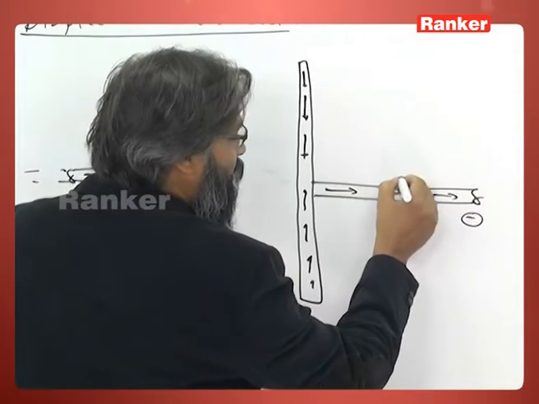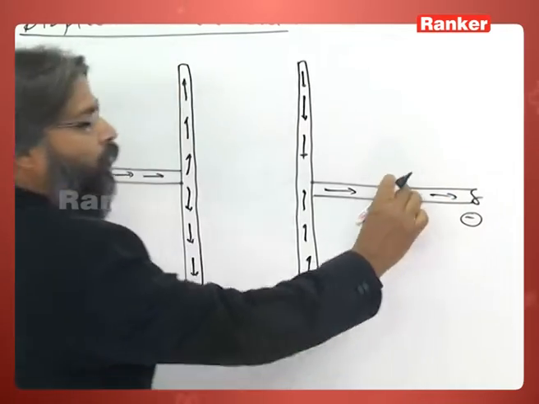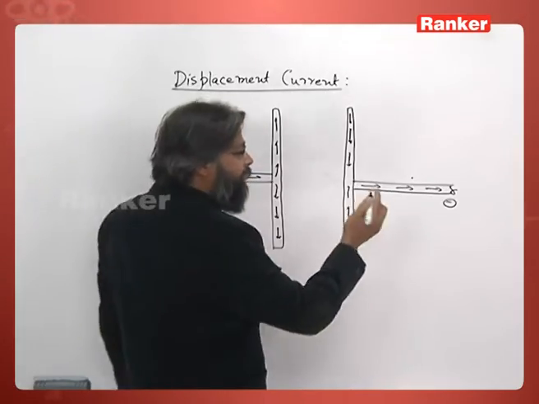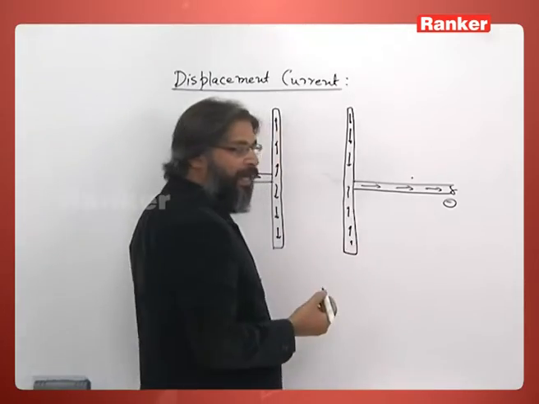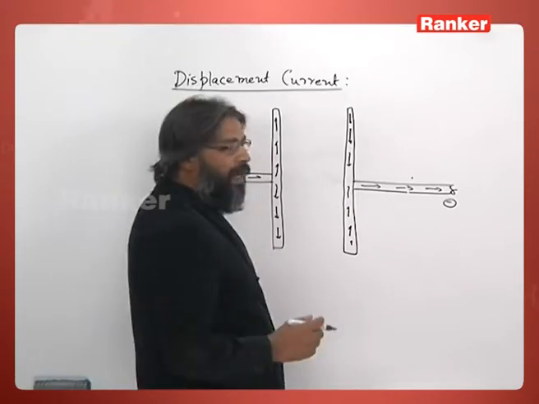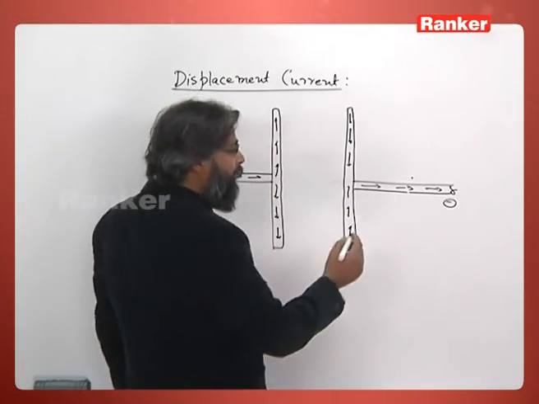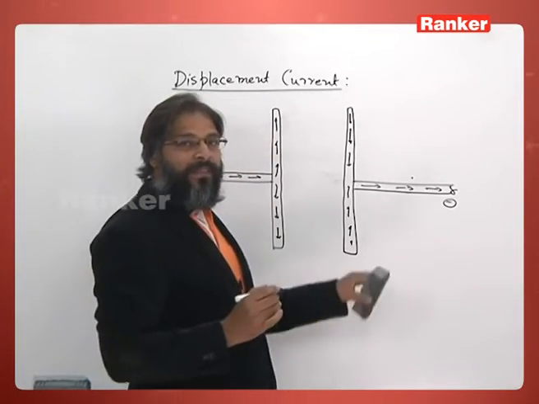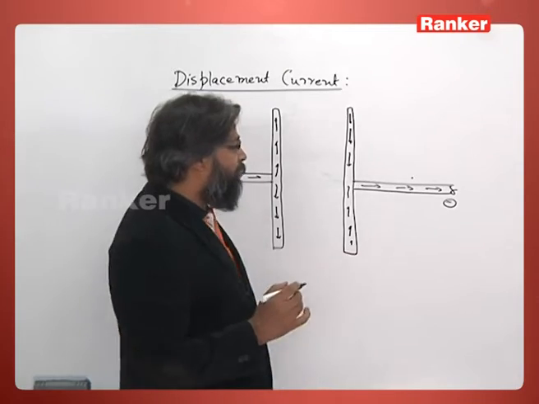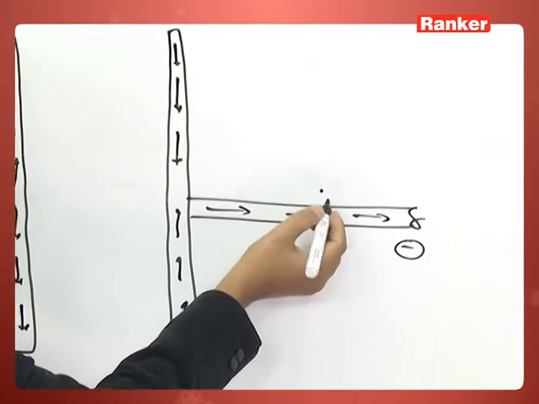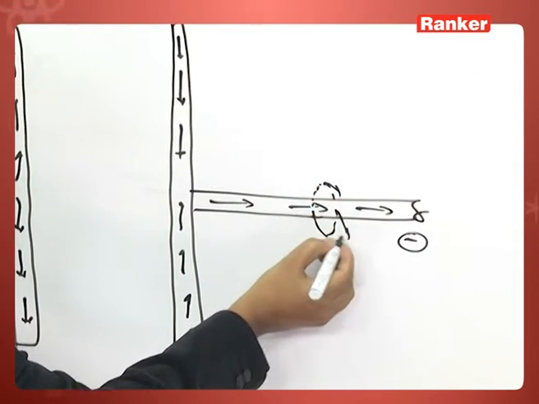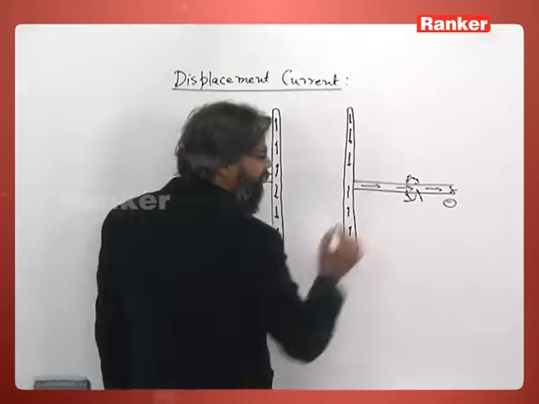Now suppose we take a point very close to this wire. When the current flows, there is a magnetic field built up in these locations, and the magnetic field B can be calculated by Ampere's law. We expect the magnetic field at this point to be something like this.